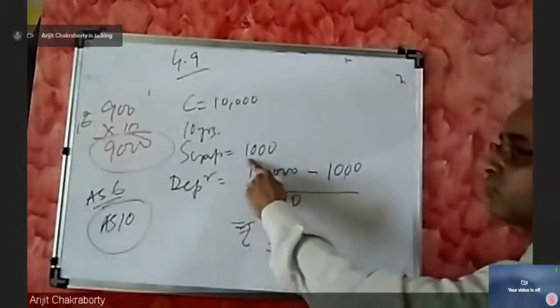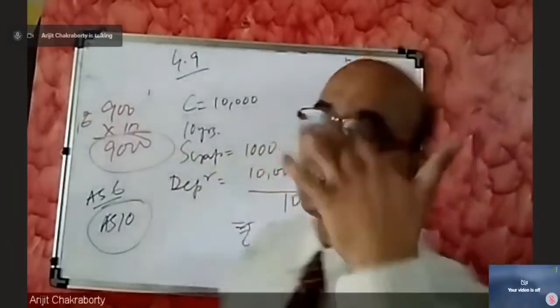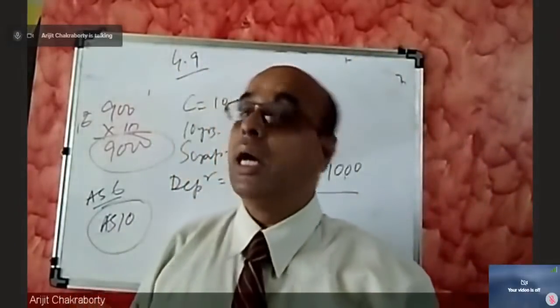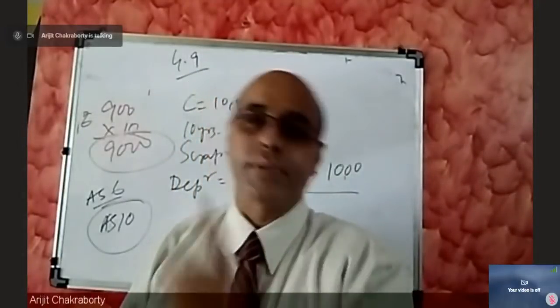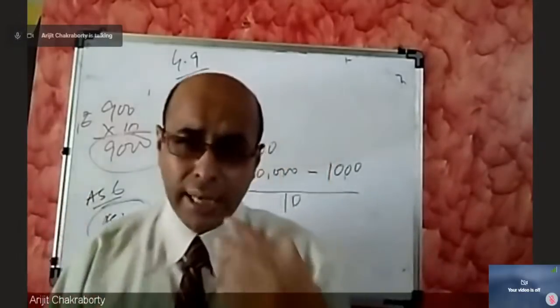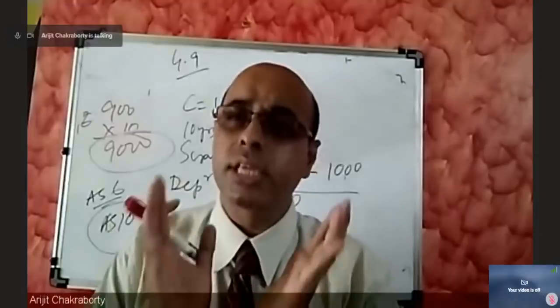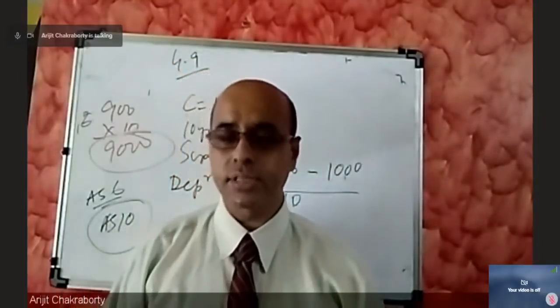Plus they will get 1,000 rupees from scrap. So this 9,000 and 1,000 will give them 10,000 rupees. It is true that the 10,000 rupees which they are going to get after 10 years will at least give them a financial support to buy a new machine. I hope you get this point.